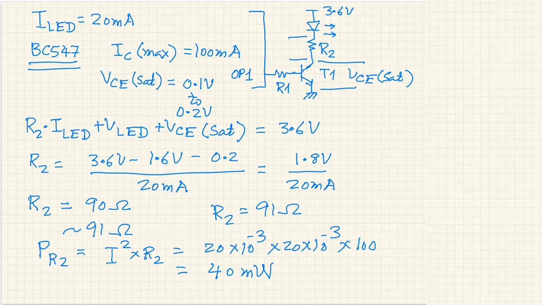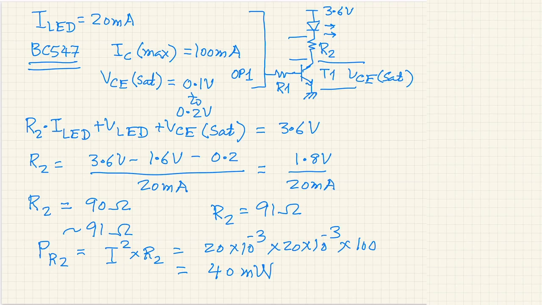So if you want to conduct 100 milliamperes through the LED, you must choose a transistor which is say 200 or 500 milliamperes of maximum collector current. And you can go through these equations again, plug the values appropriately and estimate the value of R2.